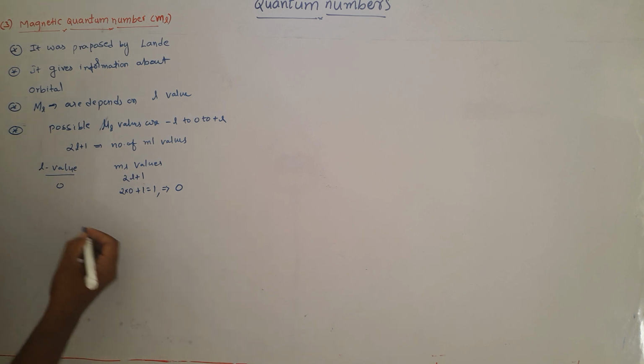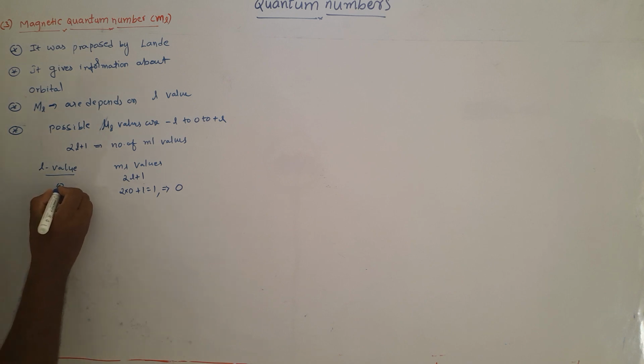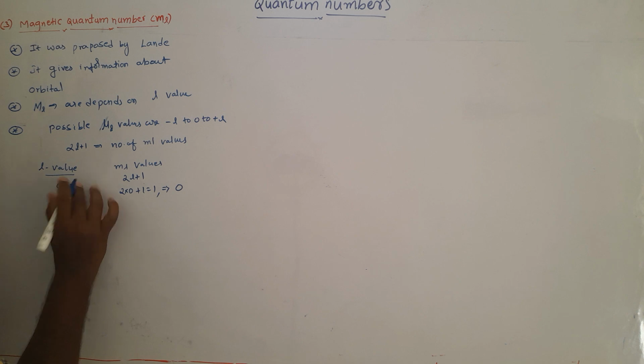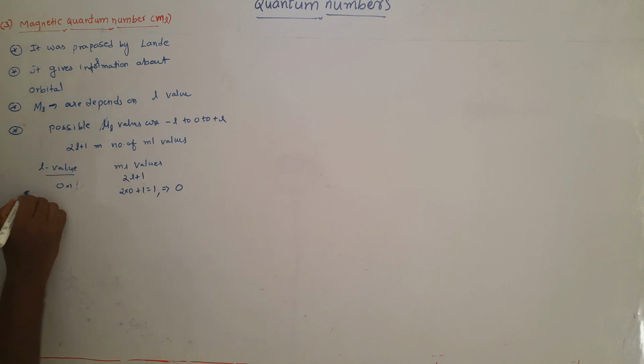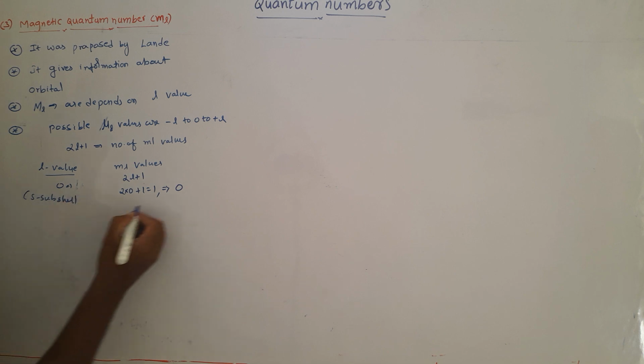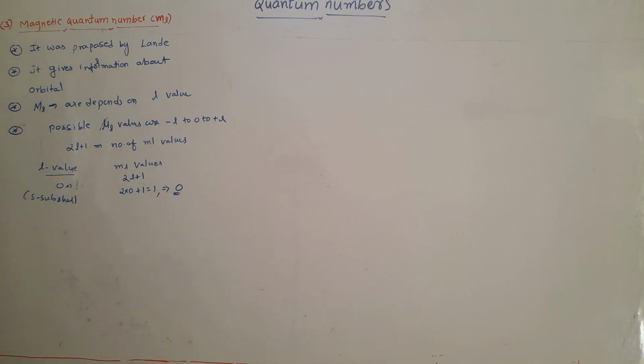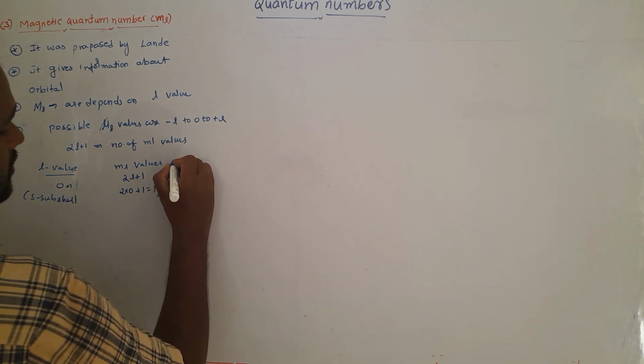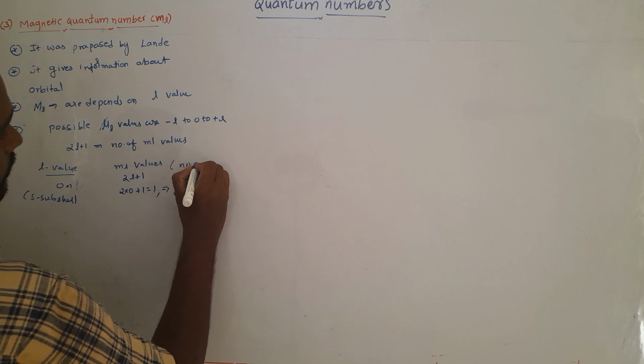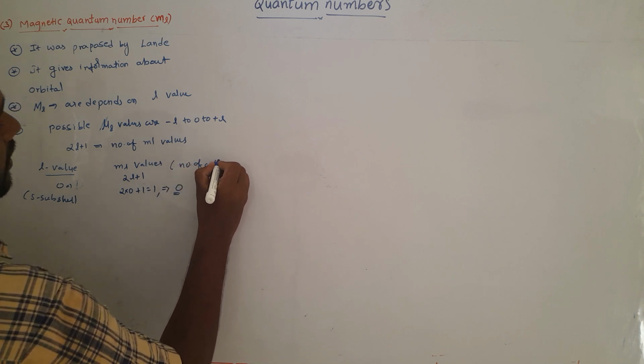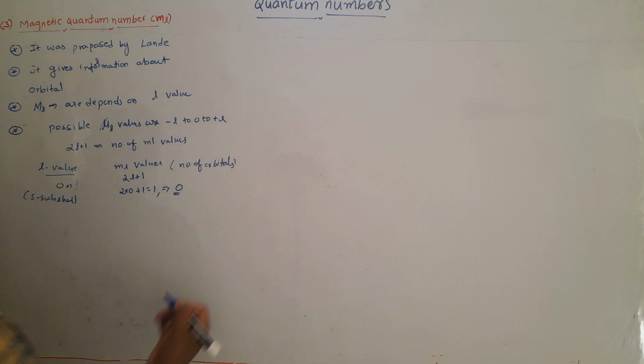We already know L equal to 0 means the S subshell. The S subshell contains only one orbital. So ml values are nothing but the number of orbitals, only one orbital is possible, that is 0.